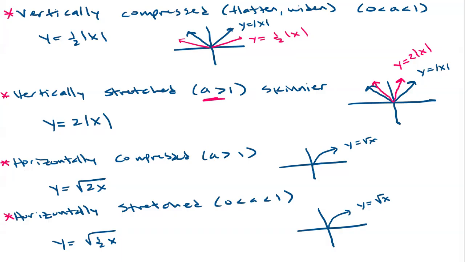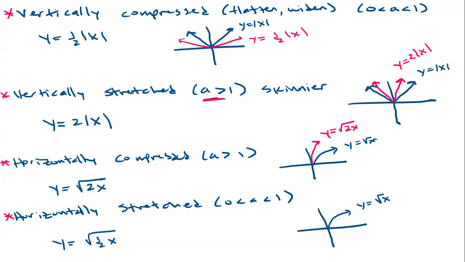So it's basically going to mimic what it did with the vertical stretch. The vertical stretch and the compression, they basically mimic each other. So in this case, instead of flattening it, it's going to push it towards the y-axis. So that's what it's going to do.